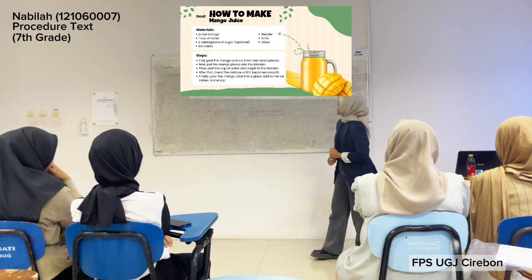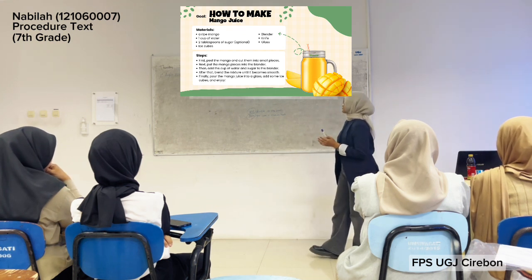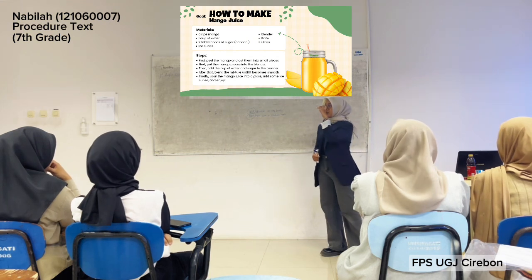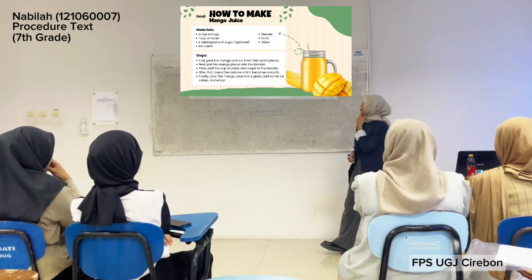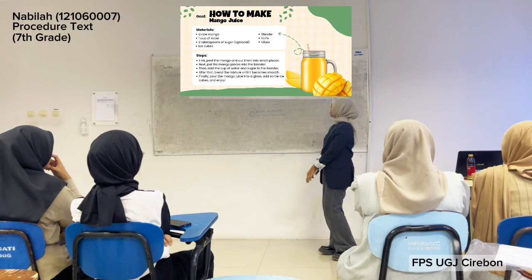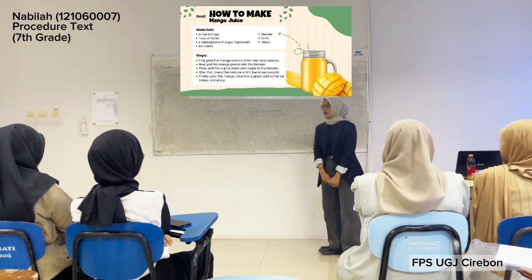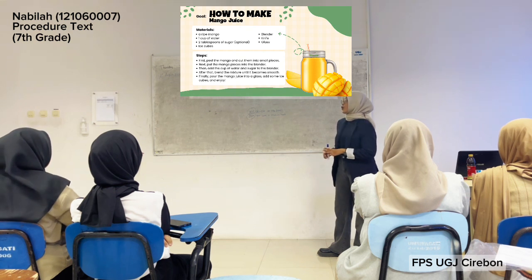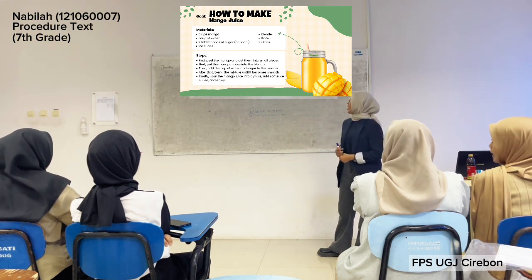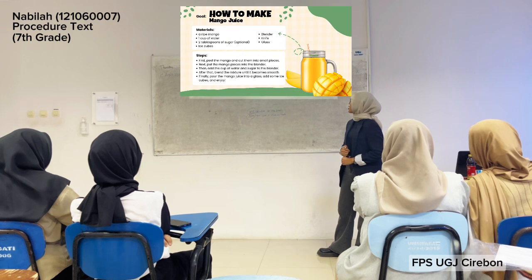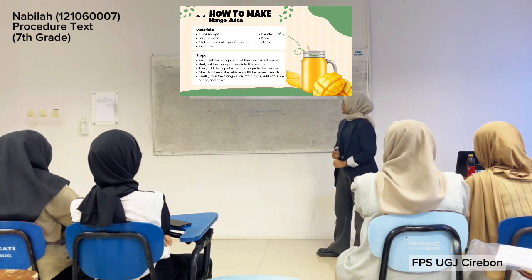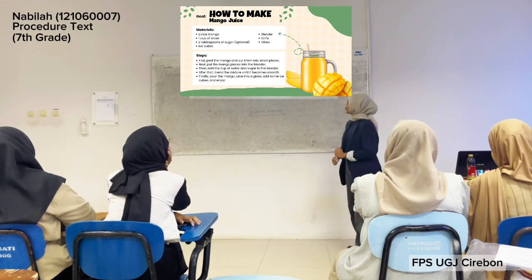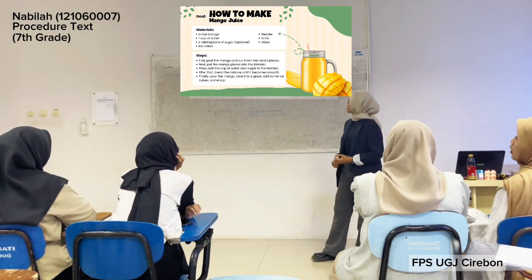And then the steps. First, peel the mango and cut them into small pieces. Next, put the mango pieces into the blender. Then, add the cup of water and sugar to the blender.